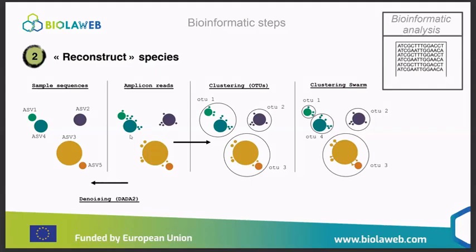I just wanted to ask about this clustering at the end: does it depend on your expertise? Do you decide at that moment that this belongs to one cluster or another, or does the program decide, the 96 or 99%, or what to consider a species?